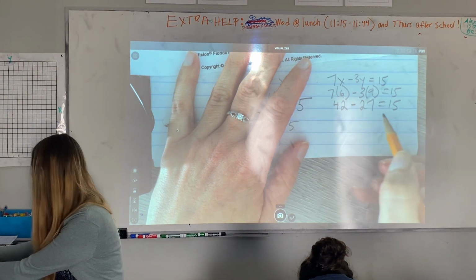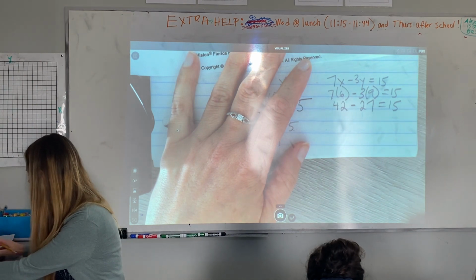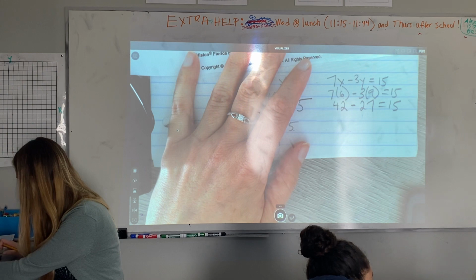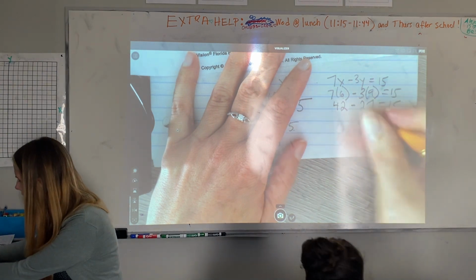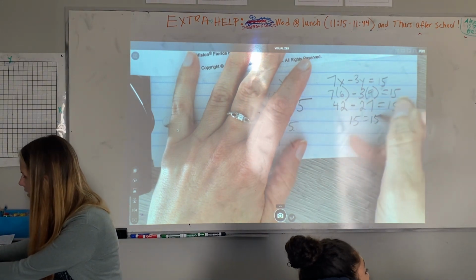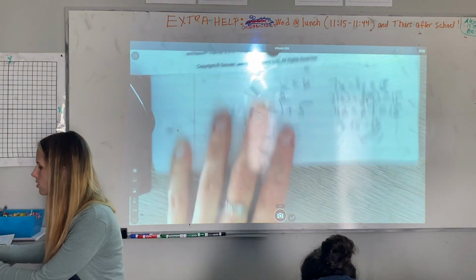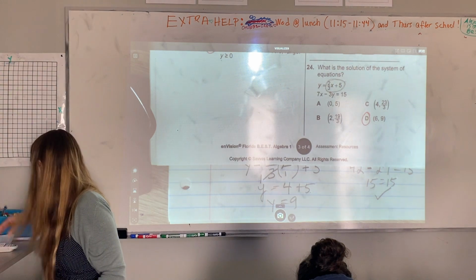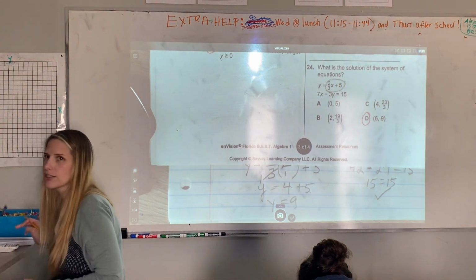Does 42 minus 27 equal 15? Sure does. 15 equals 15. That means everything checks out. So 6, 9 is the correct answer. Next question.